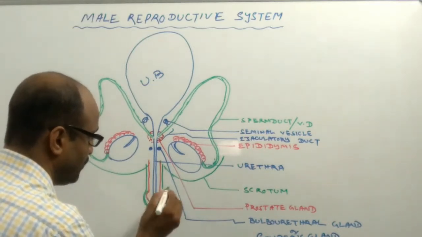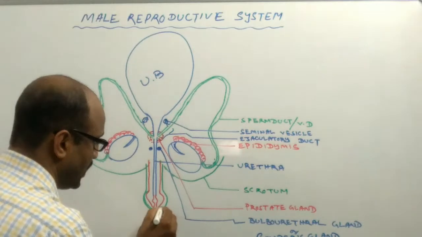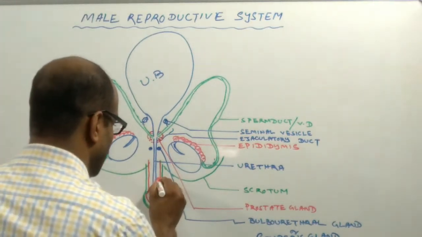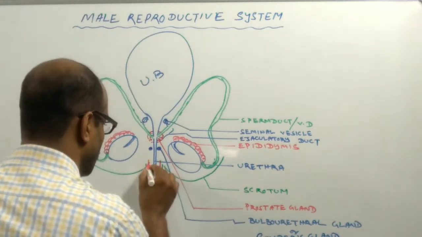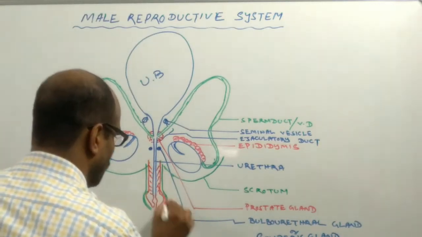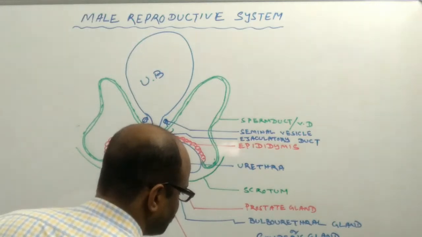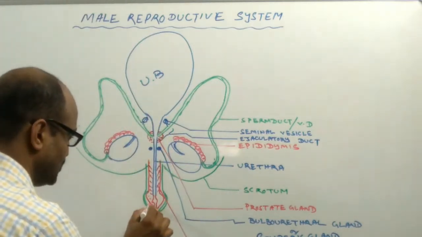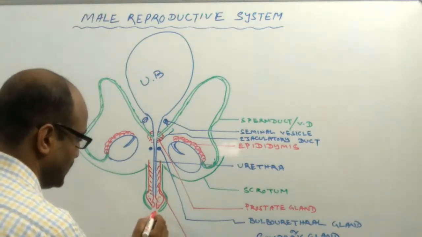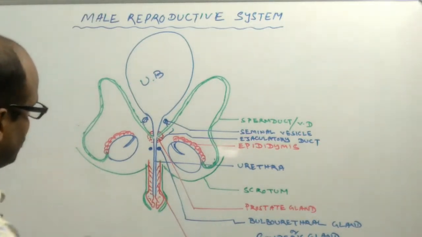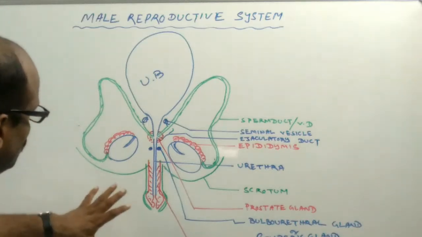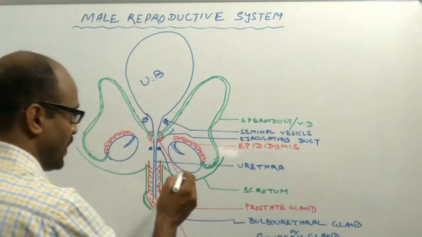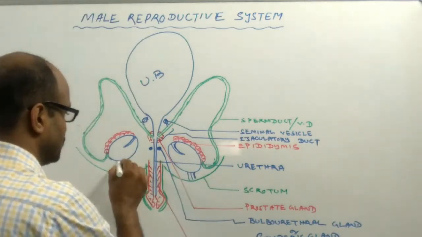At the tip it forms a fold known as the prepuce. So this is the male copulatory organ known as the penis. The tip of the penis is known as the glans penis, and the opening of the urethra is known as the urethral orifice. So this is the complete structure.